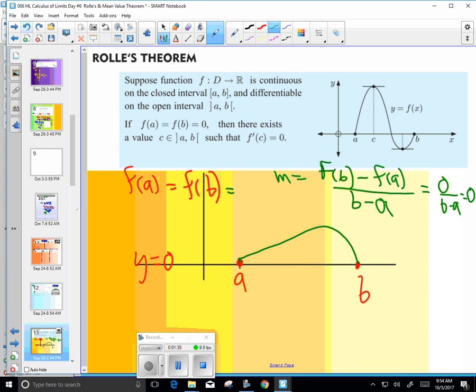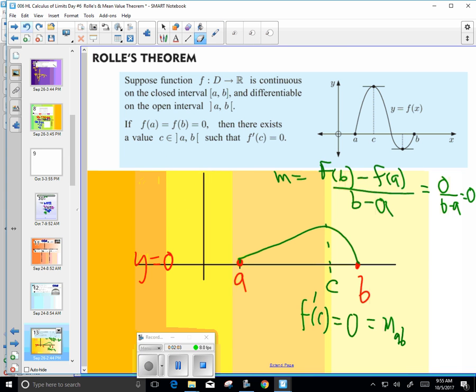But the idea is if it's differentiable on AB, you're going to have a place C where f prime of C is equal to what? 0. Or the slope of AB. And that slope, if they're equal to each other, is equal to 0. So when you're setting these up, all you have to do is find the slope, f of b minus f of a over b minus a.